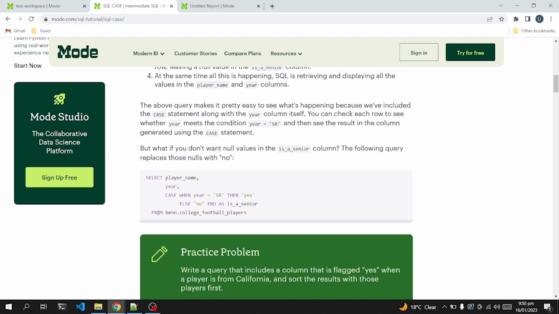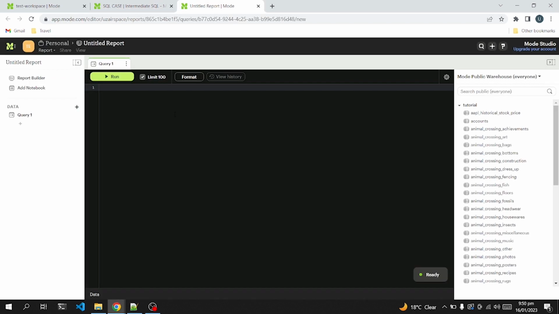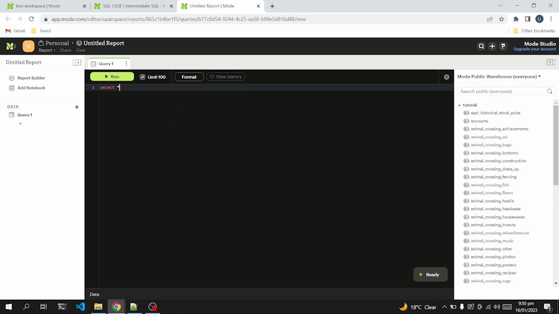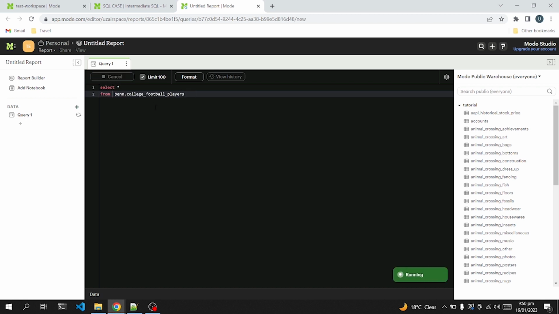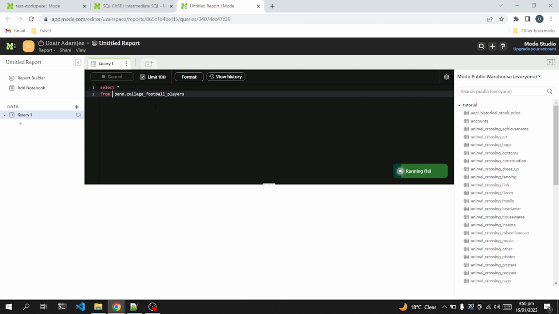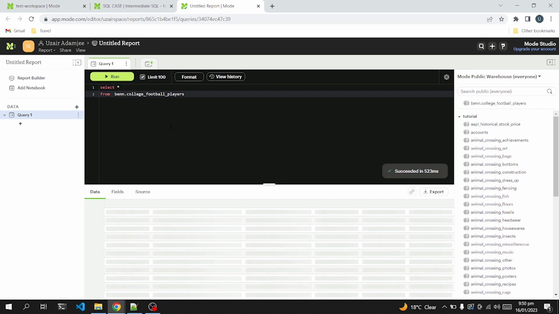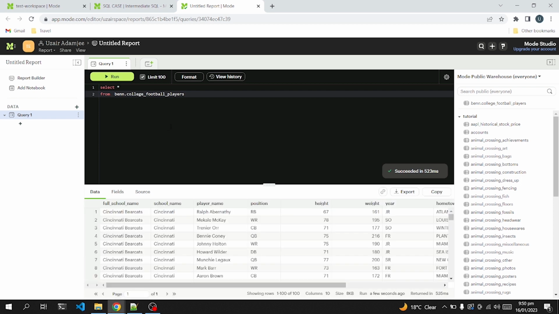Take the database and first see all the columns in this table. We have school name, full school name, player name, position, height, weight, year.